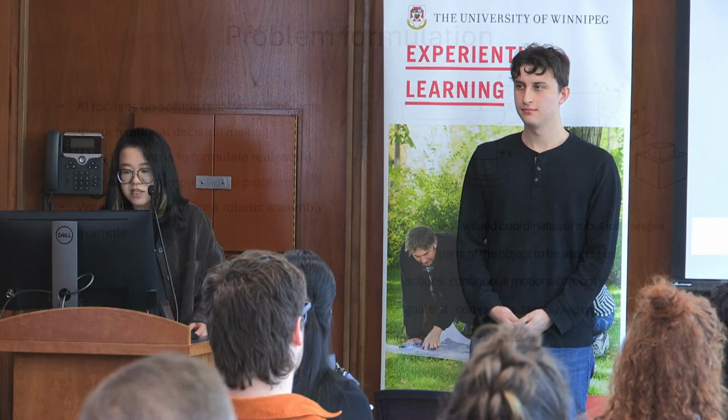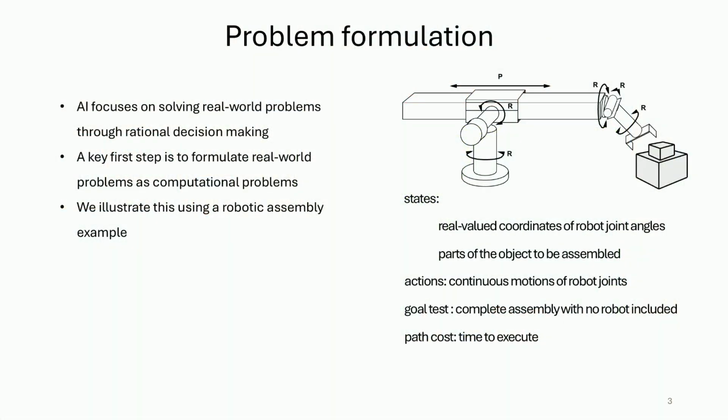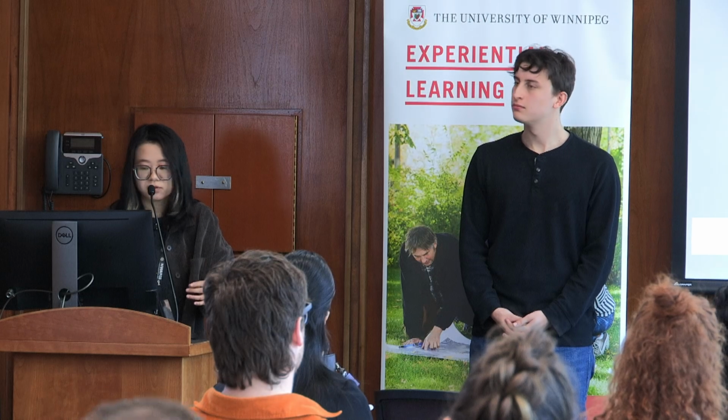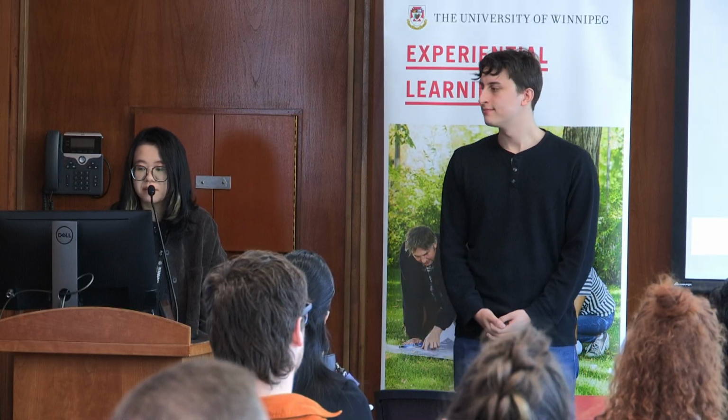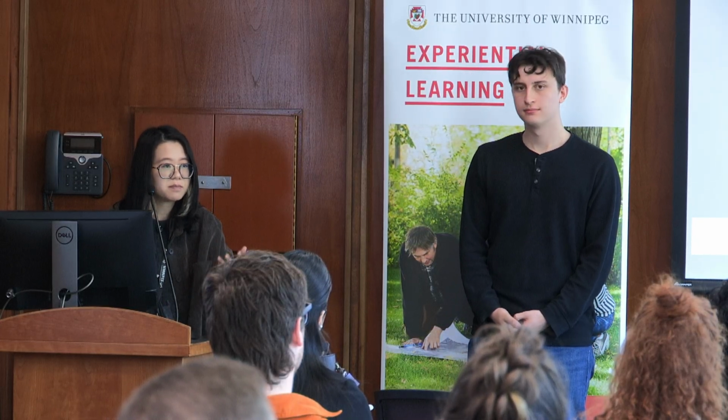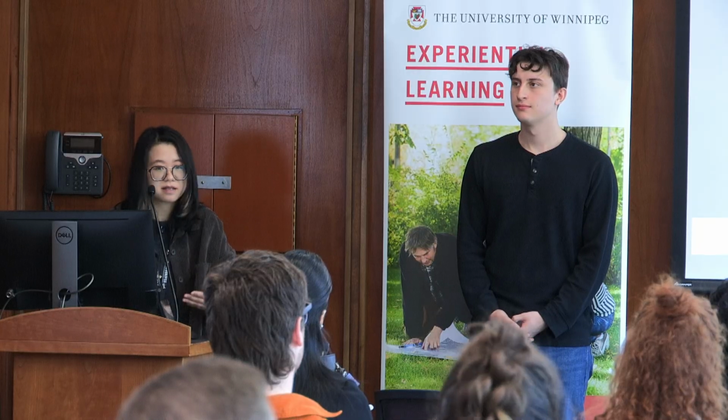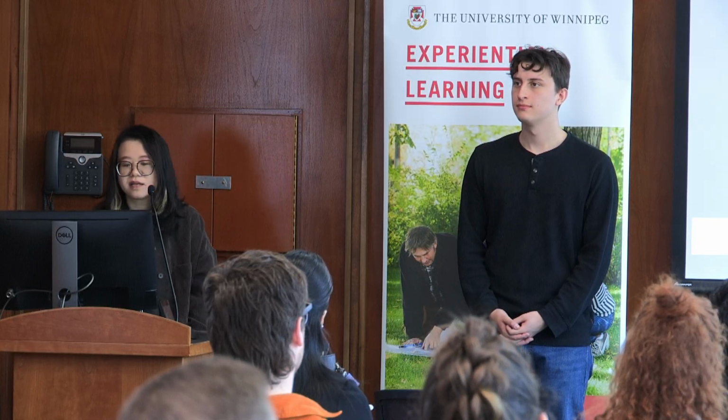Then we have some actions, which is we can twist the joints, change the degrees to reach the parts and put them in the places. And we want to use the algorithm to calculate the best path to get the parts assembled. So that's how we formulate the problem. We can change those joint degrees as numbers and then use an algorithm to optimize them.